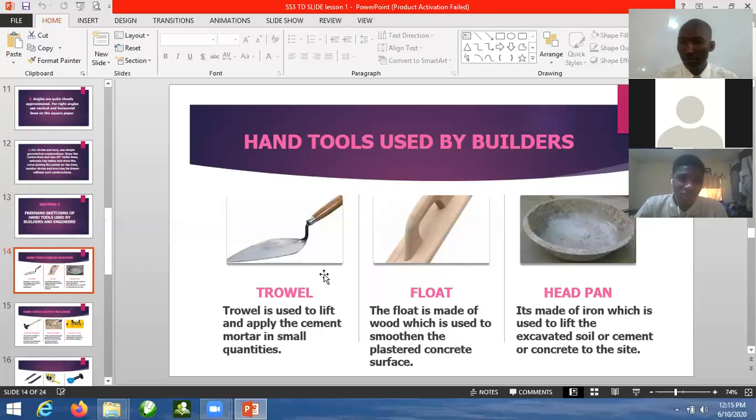Yes, sir. I think they used to use it for cement too. Not actually. The float is made of wood, which is used to smoothen the plastered concrete surface.